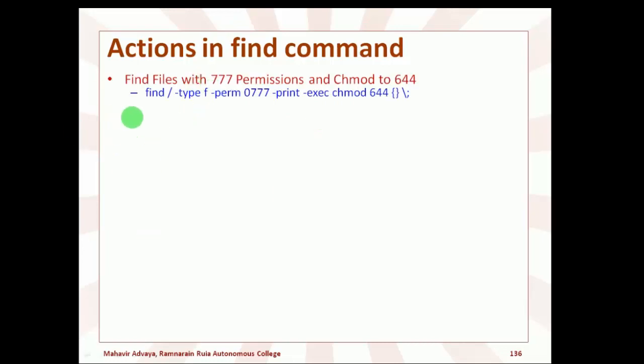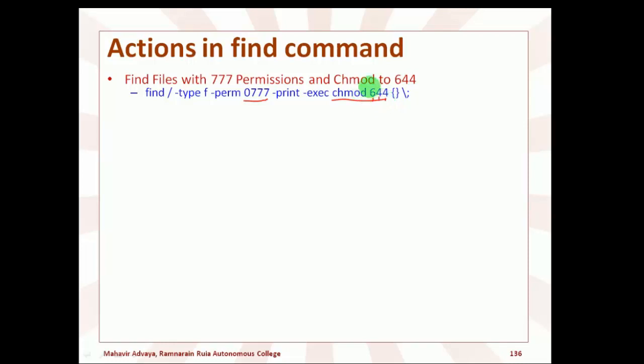If I want to search all the files that have all read, write, execute permission for all the users, I can just search the files and I can modify them. Here you can see I'm changing the permission to 644. That is, the user will have read and write permission, whereas the group will have read permission and others will have read permission.